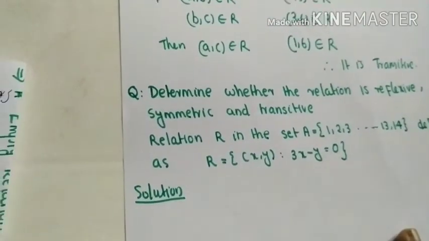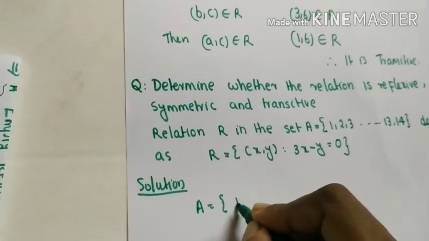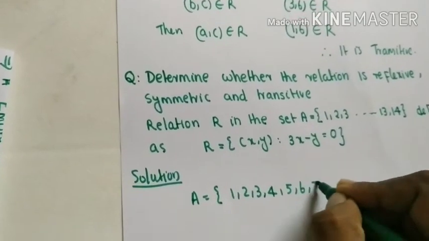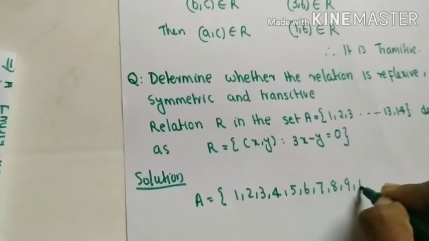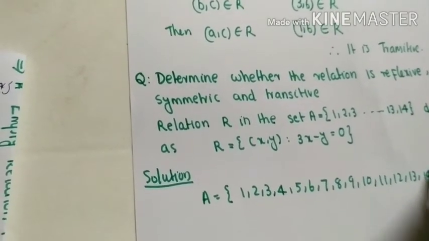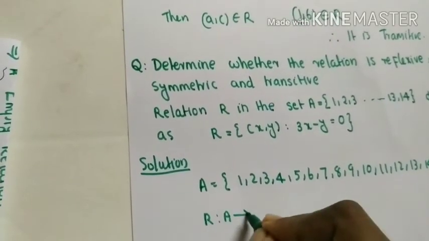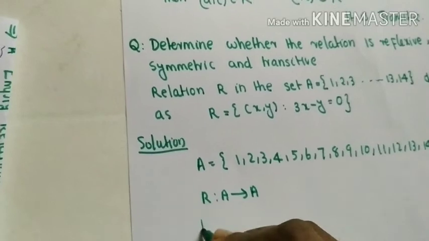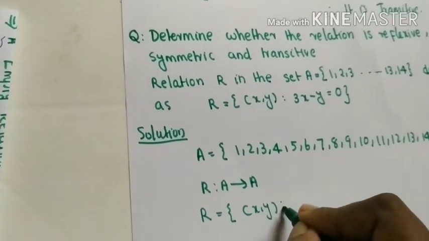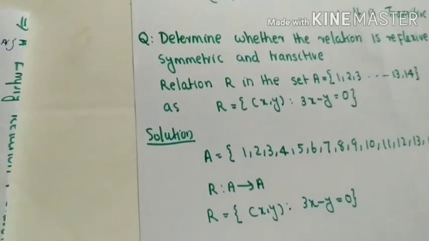Given that A is a set containing the numbers 1, 2, 3, 4, 5, 6, 7, 8, 9, 10, 11, 12, 13, 14. And the relation from A to A is defined by R equal to (x, y) such that 3x minus y equals 0.